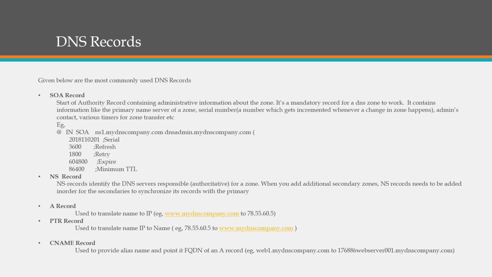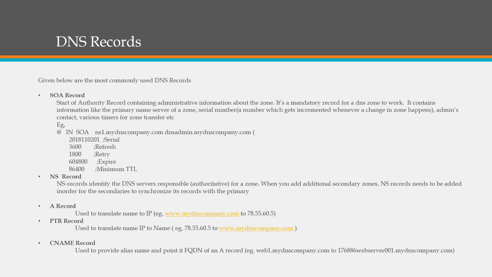It contains information like the primary name server of the zone and the serial number. The serial number is a number which gets incremented whenever there is a change in the zone, like adding a record or deleting a record. Whenever there is an update to the zone, the serial number keeps incrementing.